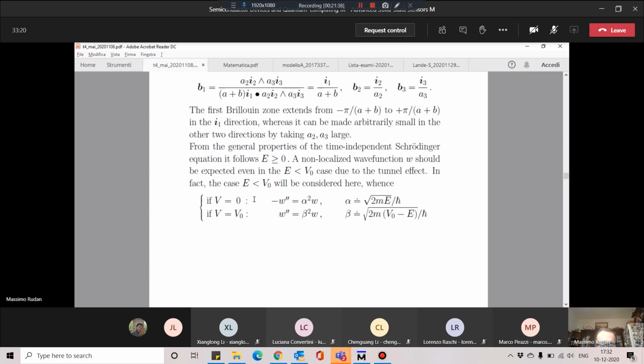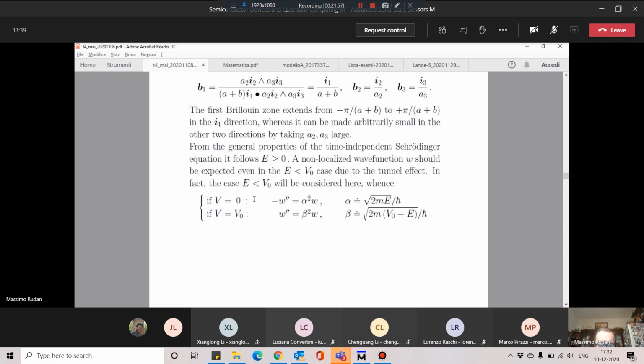In contrast, when we go to solve the equation in the intervals in which V is equal to V0, then we have that V0 is larger than E. So the solutions are real exponentials, as you remember.